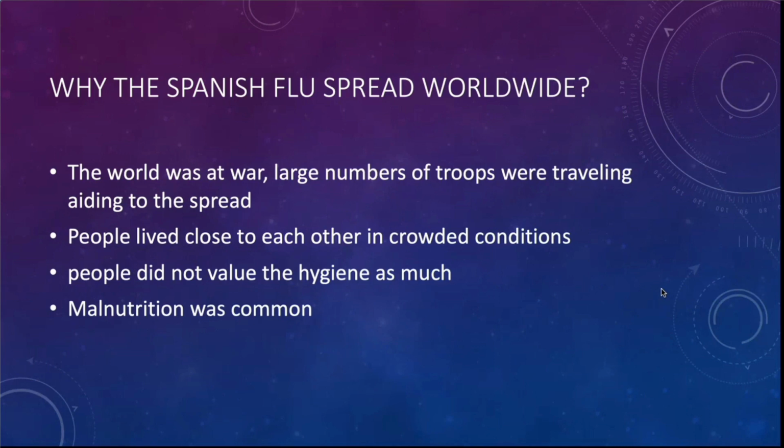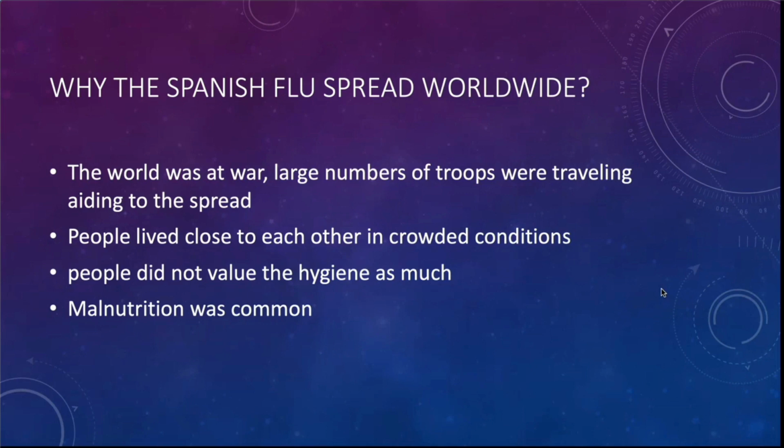Now, why did the Spanish flu spread worldwide? Well, the world was at war. Large numbers of troops were traveling, adding to the spread. People lived close to each other in crowded conditions, some of them pretty bad. People did not value hygiene so much.